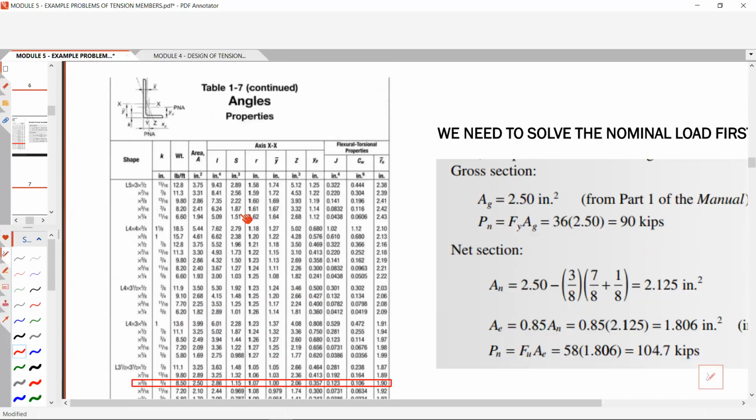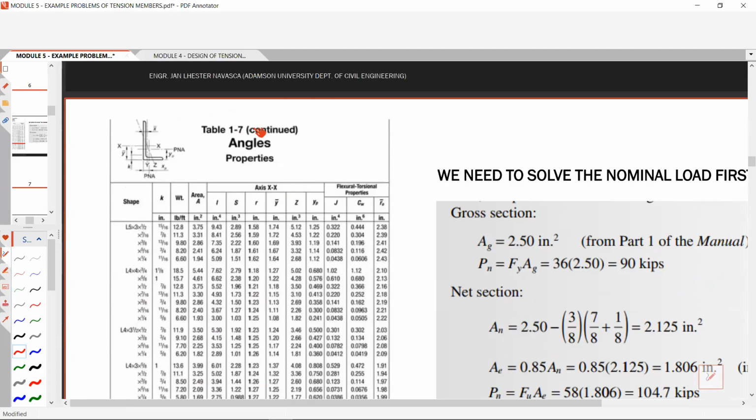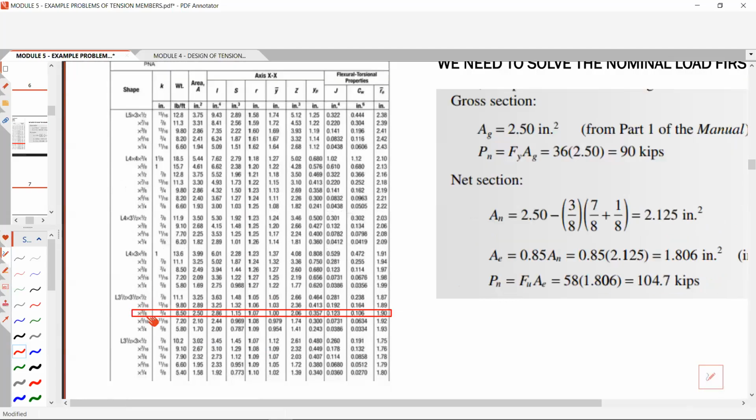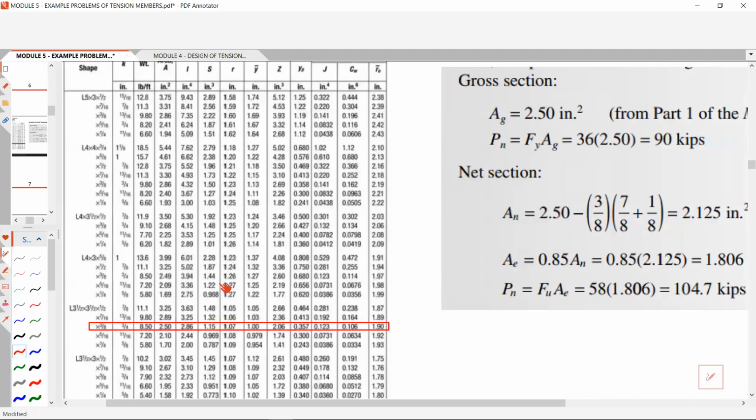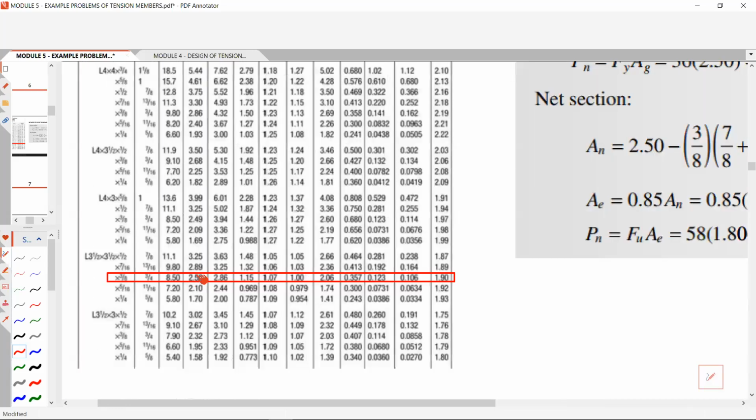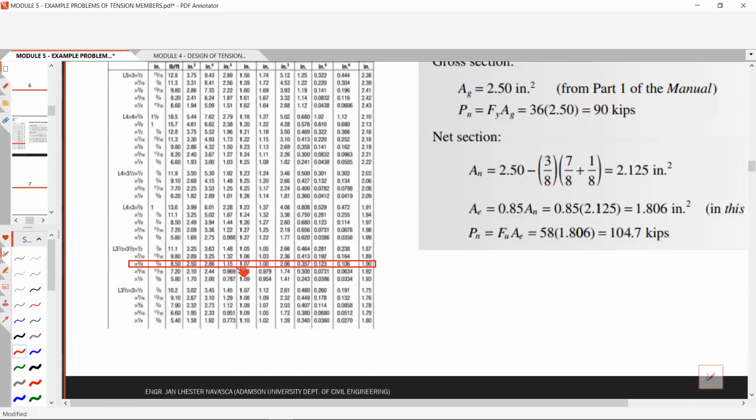So if we check the AISC table 1-7, and you check the L3 1/2 by 3 1/2 by 3/8, we have a cross-sectional area of 2.5 square inches. This is from part 1 of the manual.